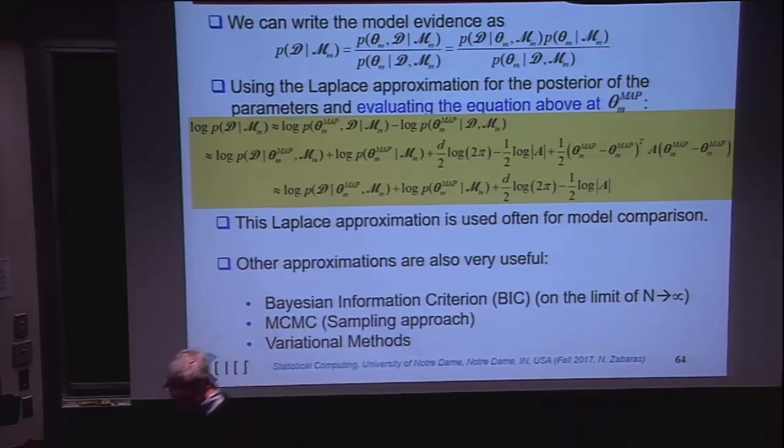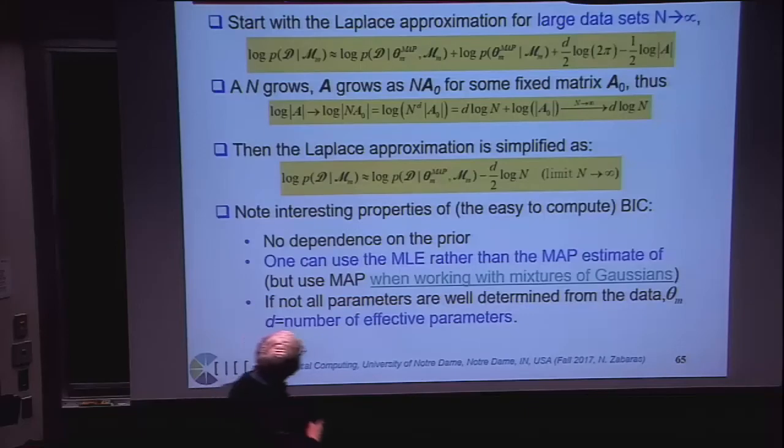All right, and the different simplifications give you different models, including what you did in your homework, which is the Bayesian information criterion that can be obtained from this expansion if you take the data set to go to infinity. So how does that come if n goes to infinity? This is, again, the same expression I had for the marginal likelihood.